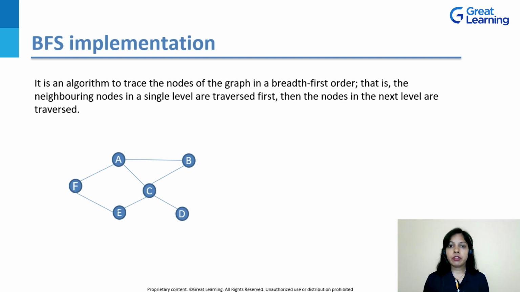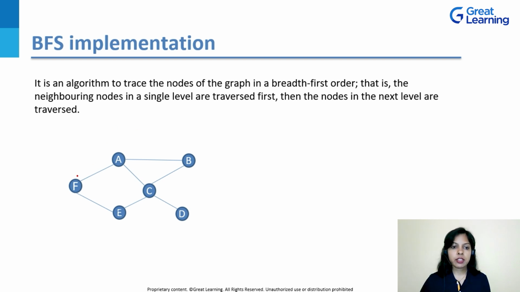Now you must be wondering how the levels are defined in a graph, because a graph is not like a tree where you can define levels, right? If you try to visualize it closely, you will be able to figure out that there are levels in the graph as well. Let us talk about the example on the screen right now.